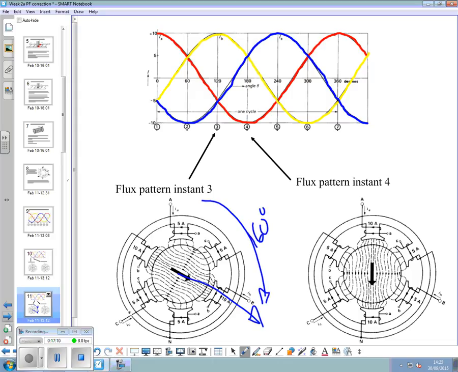At position 3, we've gone from 0 to 120 degrees. In the 4th position, our rotor, if we put the arrow on it, is pointing downwards. We've effectively moved through 180 degrees. That's where we are on the sine wave.